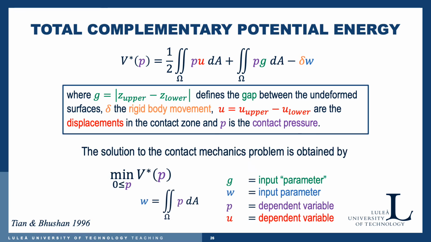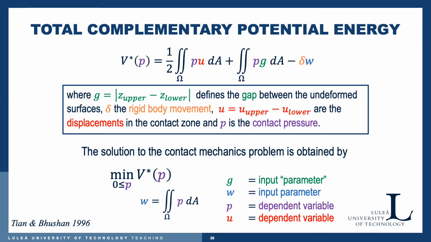So the solution to the contact mechanics problem is obtained by minimizing this total complementary potential energy, subject to the pressure must be positive or equal to 0 everywhere, and we have also the load constraint.